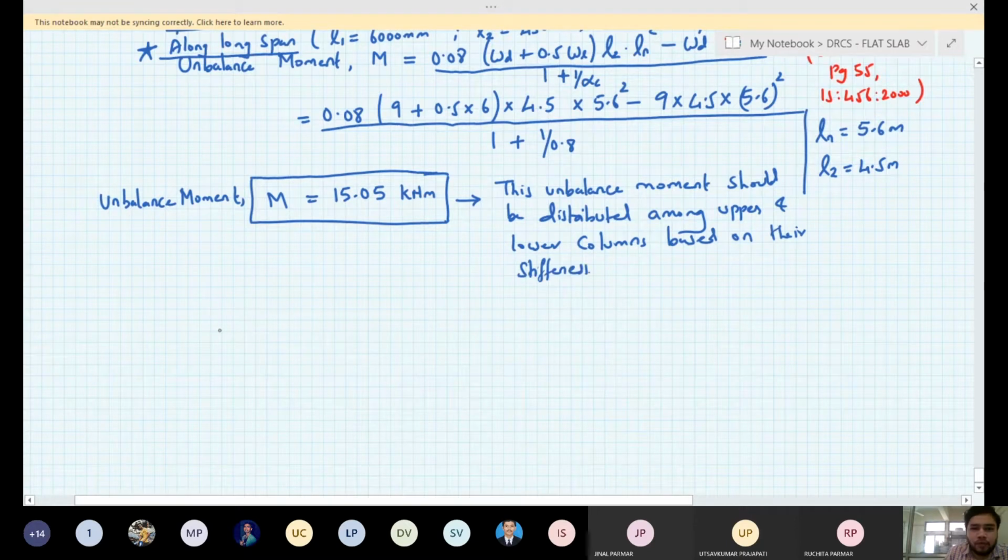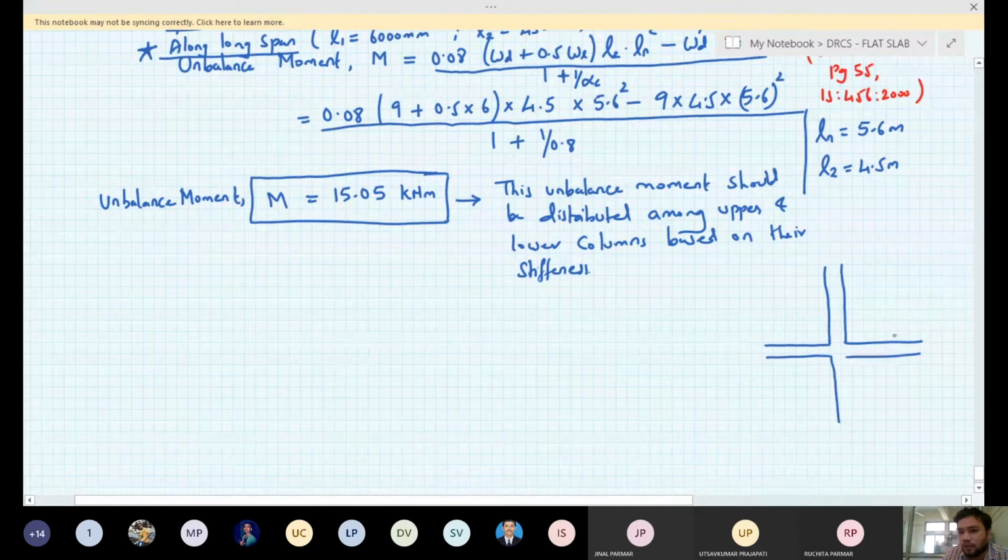Okay, so here we will assume that the columns above the floor and the columns below the floor, this is our floor level, this is our upper column.